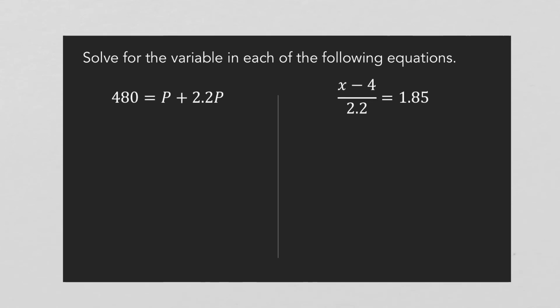I want to finish with two final examples. And again, these are just slightly different than the previous examples we solved. So solve for the variable in each of the following equations. The first one says 480 equals p plus 2.2p. Okay, what makes this equation different than the ones we've solved before?